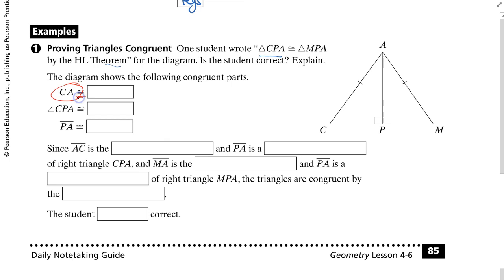CA congruent to what other side? Yep, MA. Then we've got angle CPA congruent to angle MPA. And then lastly, what is PA congruent to? PA is congruent to itself. What was that property again? Yeah, reflexive property.